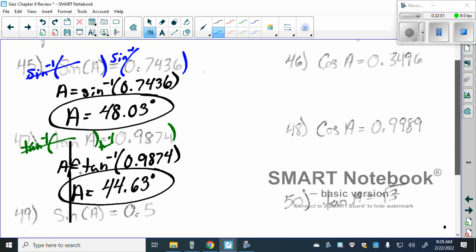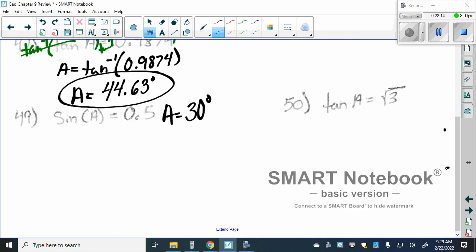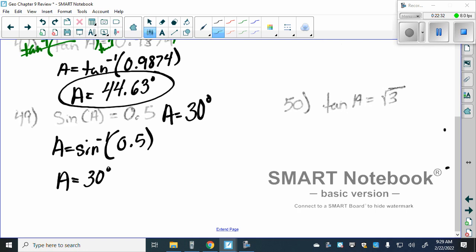And 49, if we work this out, we would see that A is 30 degrees exactly. It's one of the special cases, because if we take sine inverse of 1/2, I believe it is 30 degrees.